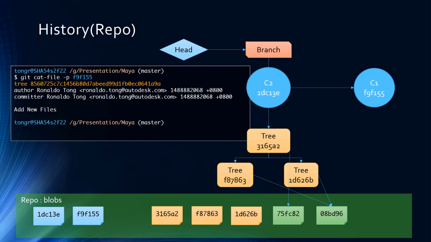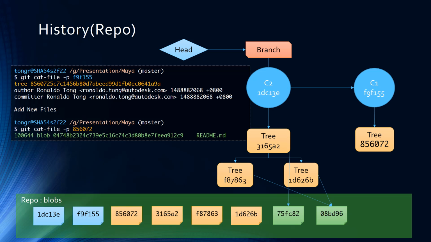Thus, the SHA1 code Git computes was also different. However, as the content of the files is the same, the SHA1 code of the trees does not change. Okay, back to our commit. We find a readme.md in the root working directory, and its content could be represented by a blob named 04748b saved in the Git repository.